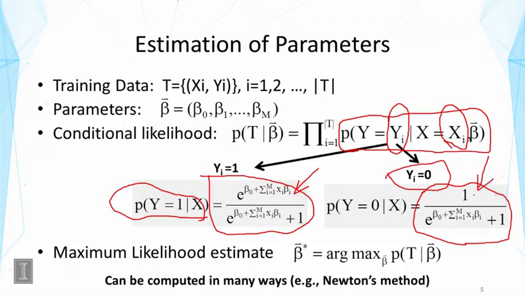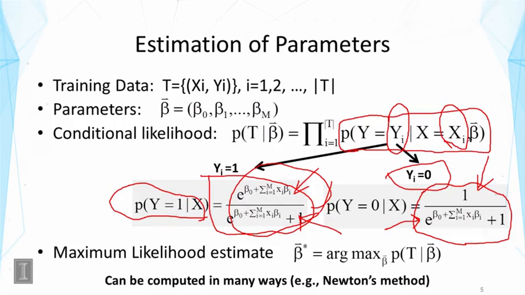And what's going to happen is actually to make this value as small as possible, because they sum to 1. When you maximize this one, it's equivalent to minimizing this one. So you can see basically if we maximize the conditional likelihood, we're going to try to make the prediction on the training data as accurate as possible.